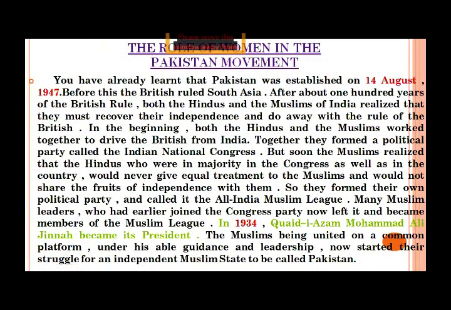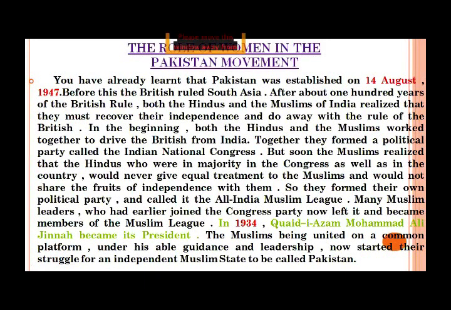So this paragraph that you can see on this screen, the first paragraph, you can see very clearly, is about an overall overview of the Pakistan movement or making of Pakistan. As you know, Pakistan was established on 14th August. Before this, the British ruled South Asia. Muslims and Hindus both started for liberty, but soon Muslims realized that Hindus were not sincere with them.